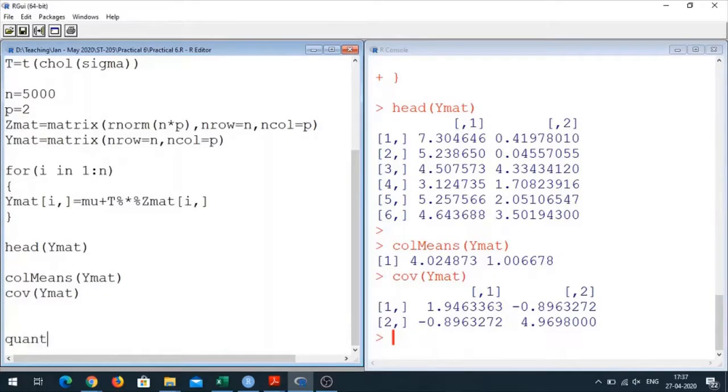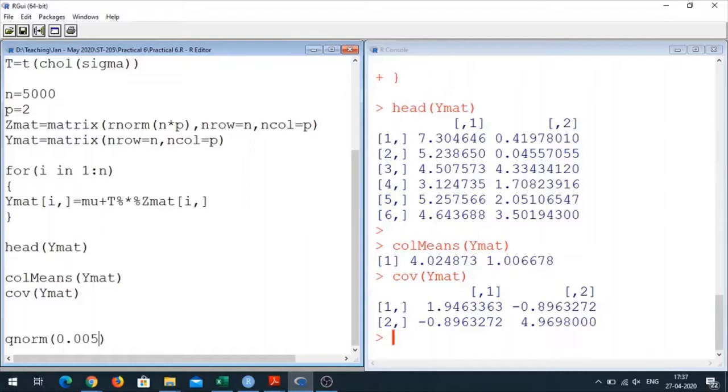So I would compute the quantile of, okay, I won't compute the quantile from the sample, I need the quantile from the normal. So qnorm 0.005. Okay, because if I give 0.05, it would be the 5th percentile.